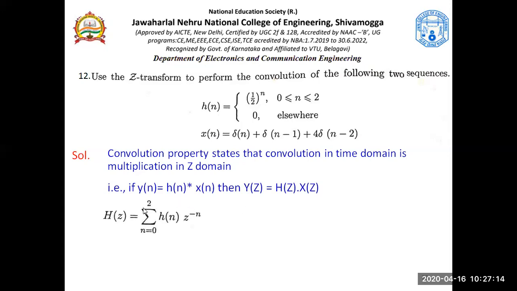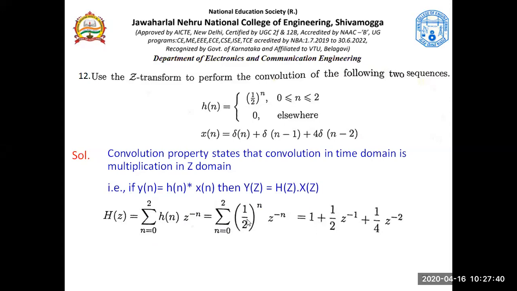So first let's get H of z in place. H of z is the Z transform of h of n, and h of n ranges from 0 to 2. From 0 to 2, it is half power n. How can we write this? It can be written as 1 plus half z power minus 1 and so on. Why is the first term 1?